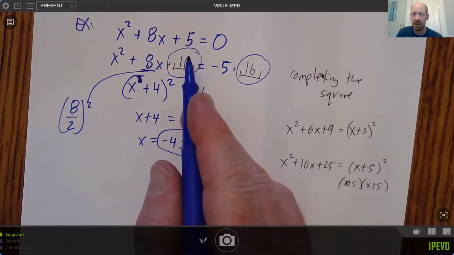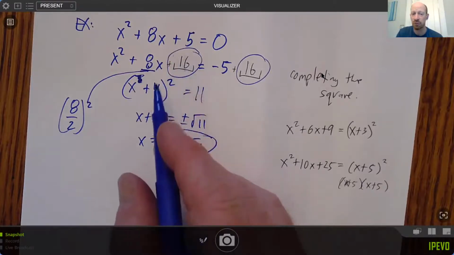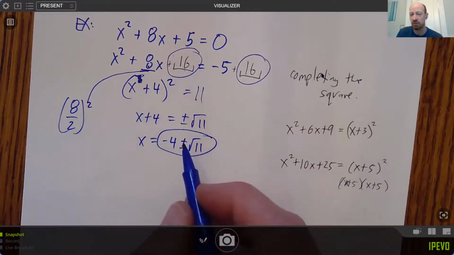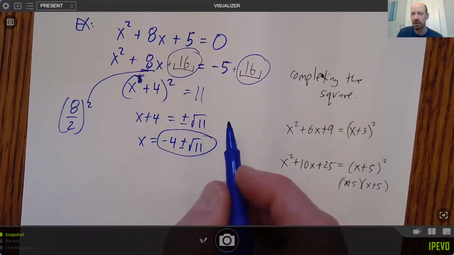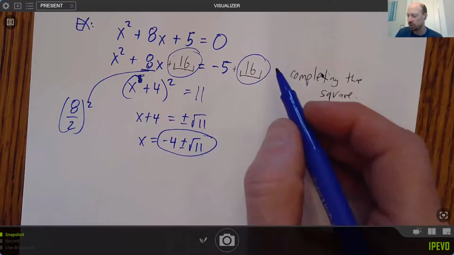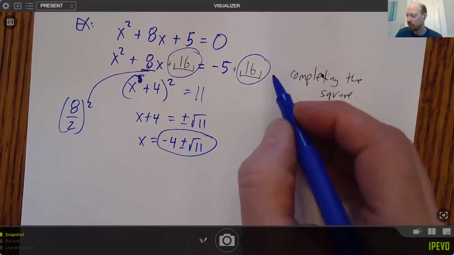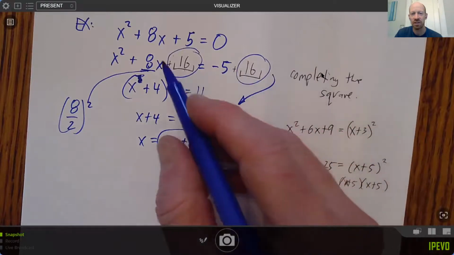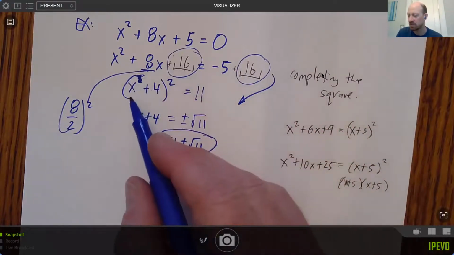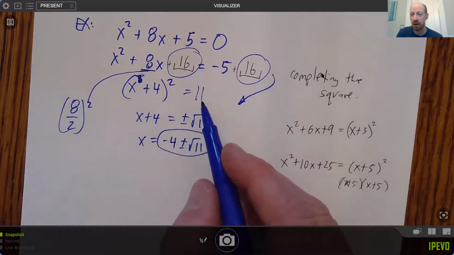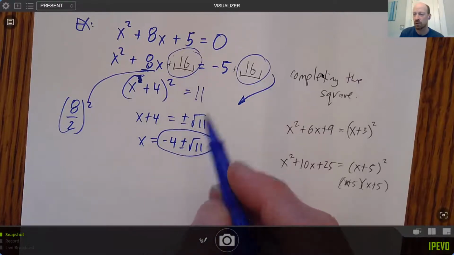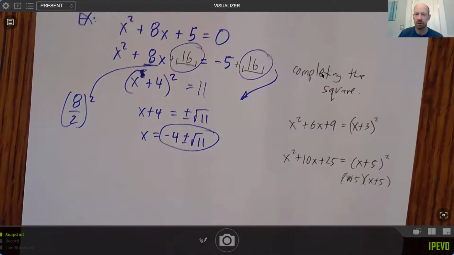And if you do that, you'll create a perfect square, and that perfect square we can solve using this strategy. There are some steps here, but to me, the crux of the problem is going from here to here. If I can change this problem to this perfect square problem, then I feel confident I can solve it. Let's try another one.